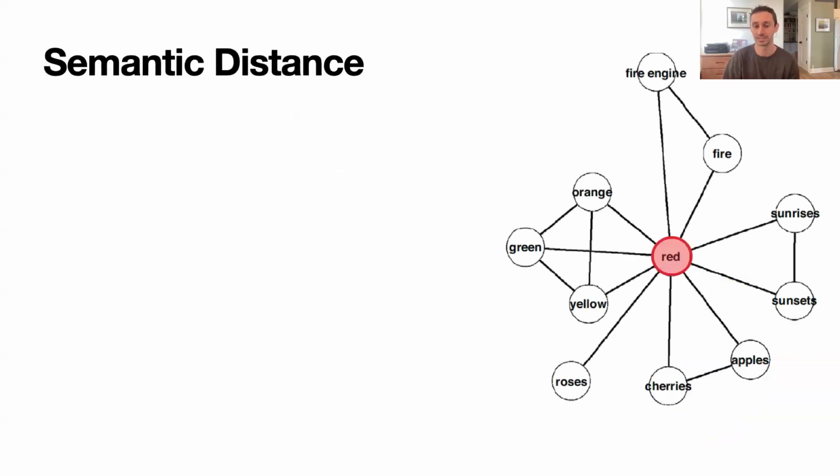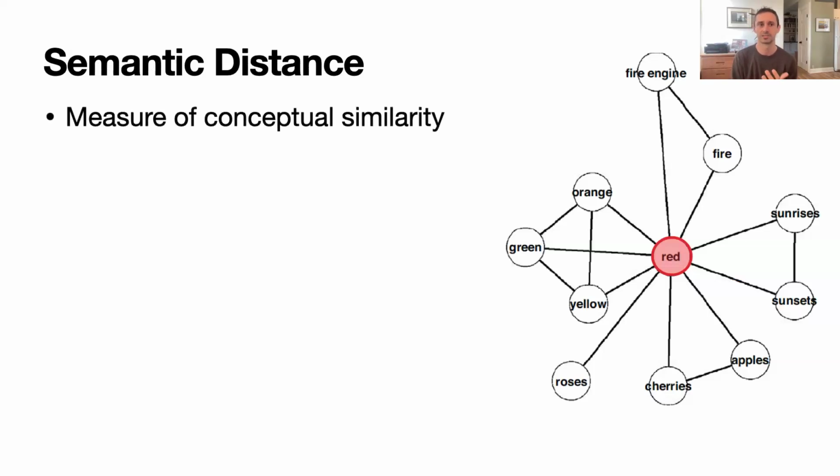So that brings us to semantic distance, which provides an automatic and objective measure of conceptual similarity. So for example, in this toy example, we have the concept red, and we could map out how different concepts are associated with this concept of red. So other colors might be associated with it, fire engines or fire.